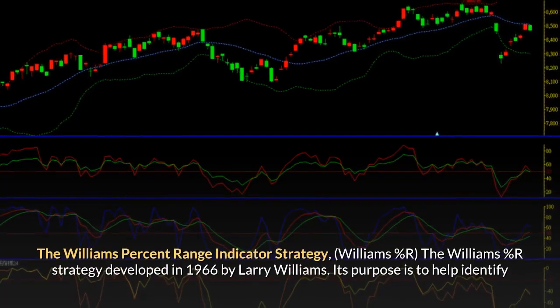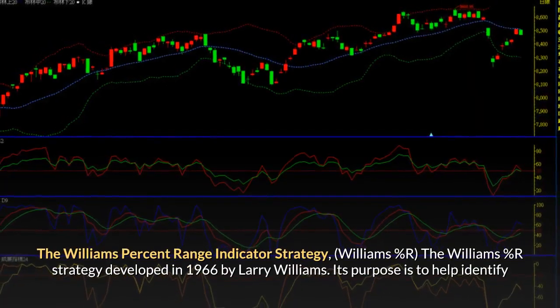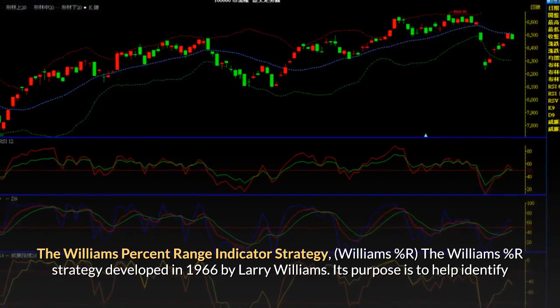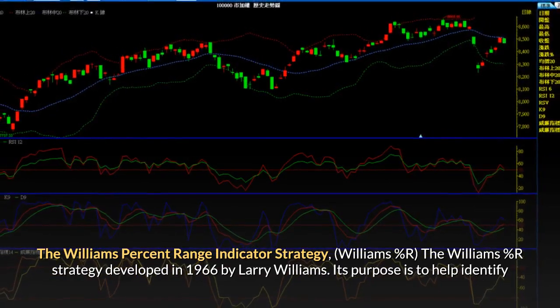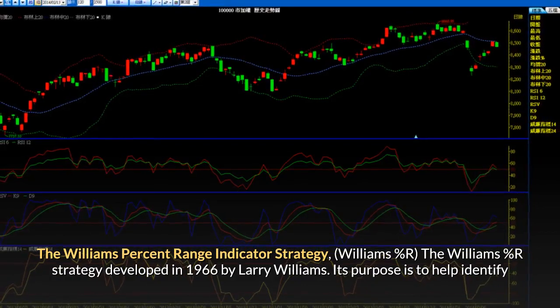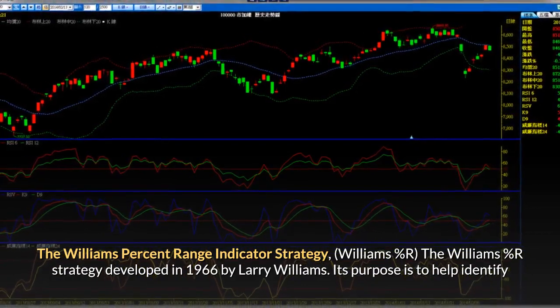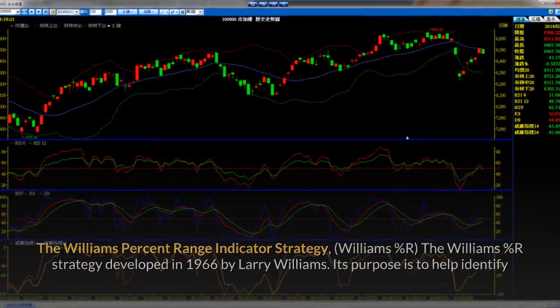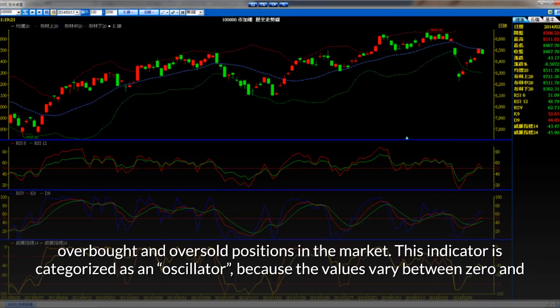The Williams percent range indicator strategy, Williams percent R. The Williams percent R strategy was developed in 1966 by Larry Williams. Its purpose is to help identify overbought and oversold positions in the market. This indicator is categorized as an oscillator, because the values vary between 0 and -100.